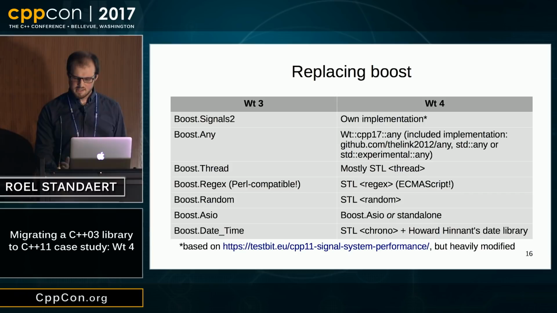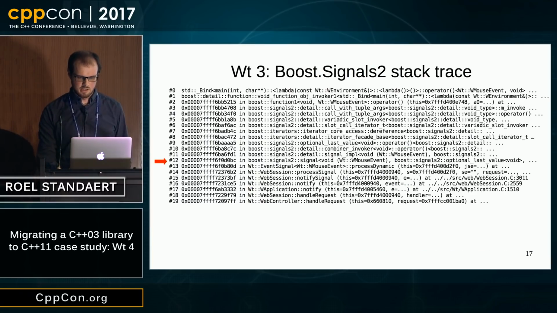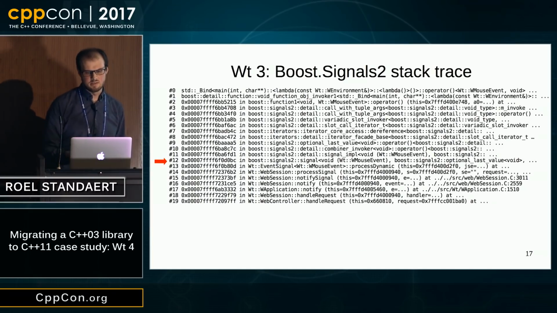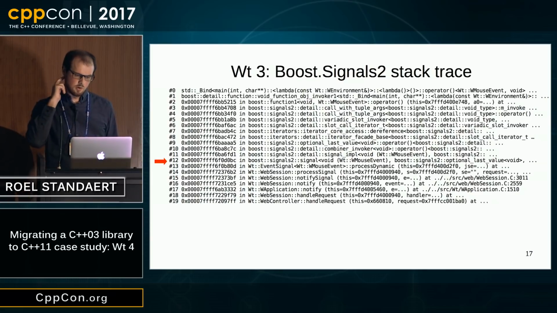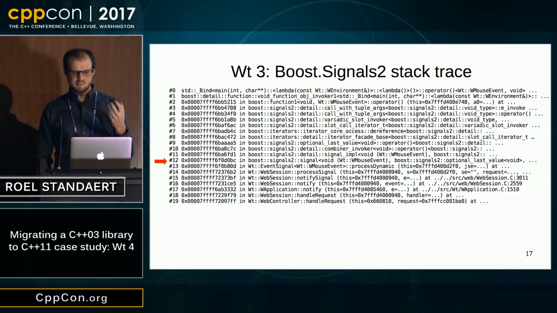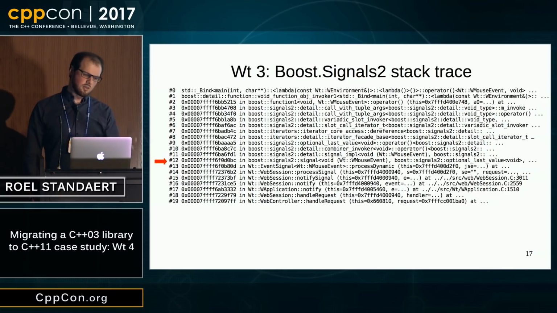And the results of doing this were actually quite nice. One of them was, Boost.Signals2 had quite long stack traces. If you wanted to see, in a lambda function, where this signal is really being emitted, then you'd have to go all the way down to frame 12 to find where it was being emitted.